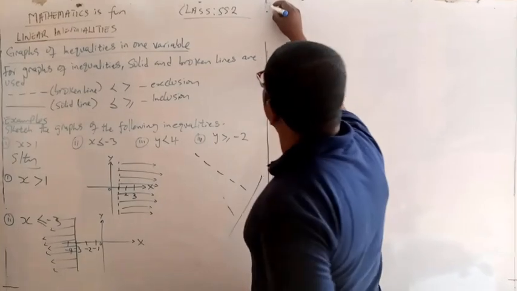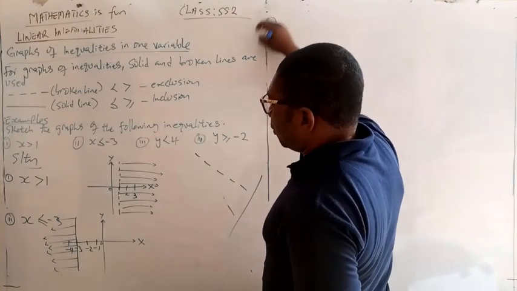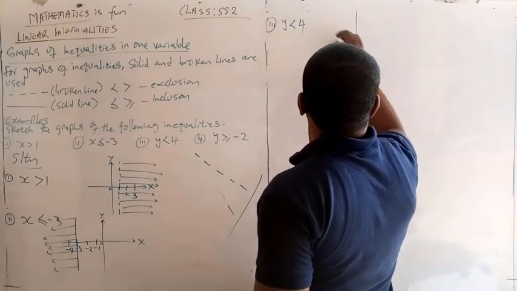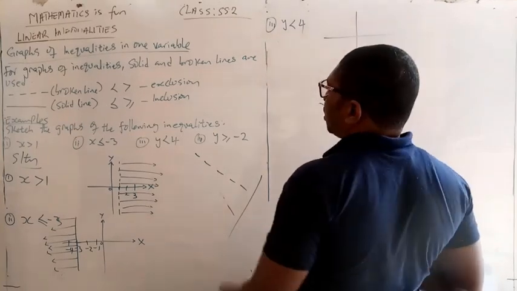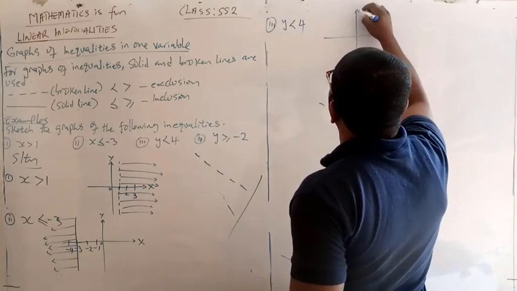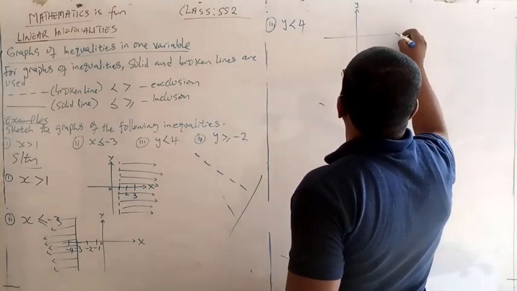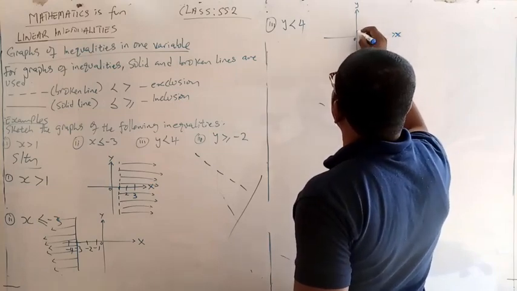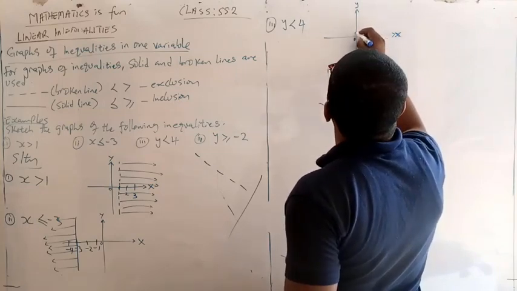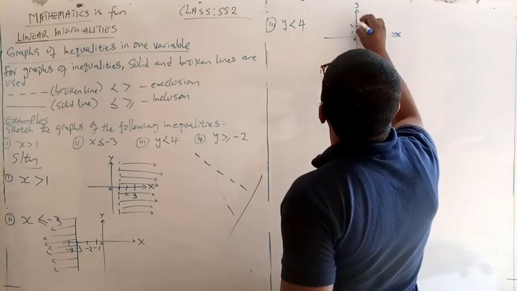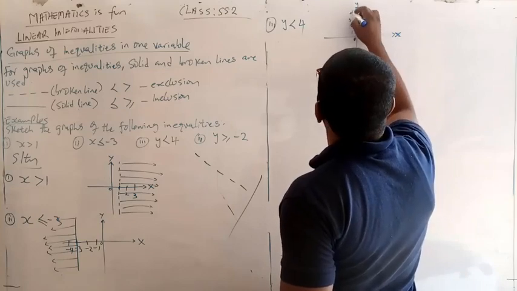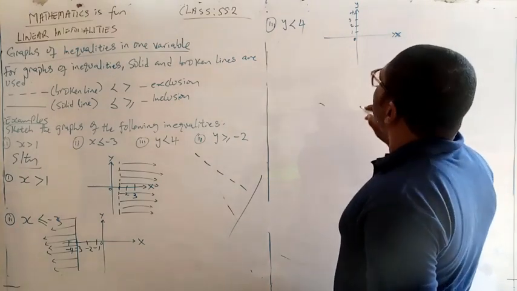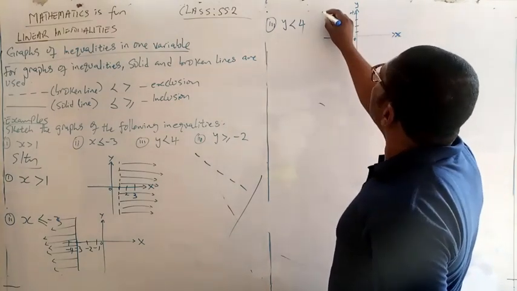Then question number 3. I have y less than 4. If this is the plane and it says y, this is y, this is x, and this is the origin. I'm going up 1, 2, 3, 4, not drawn to scale, and this is where I have 4.